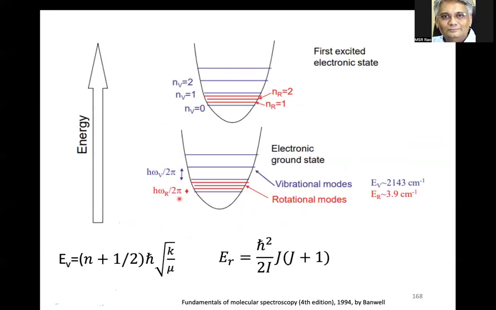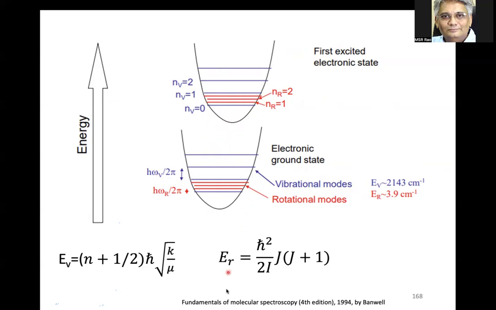Now, this sort of summarizes what I mentioned in the previous slide. These are the rotational modes, the vibrational modes, and the electronic transitions that require higher energies to excite and de-excite electrons from the ground state to excited state.